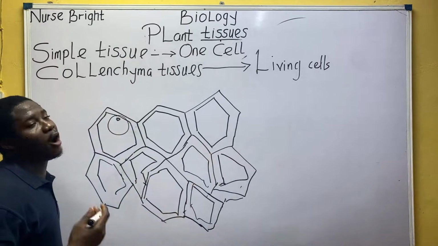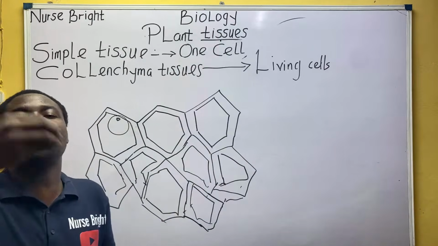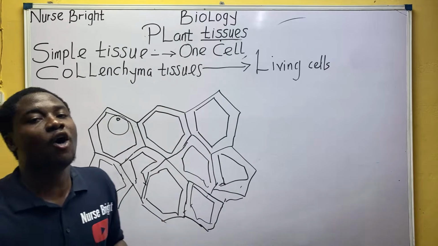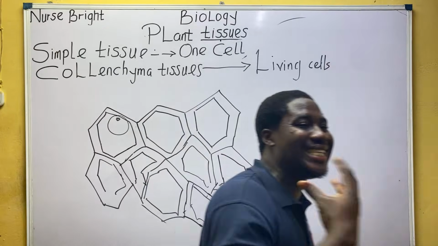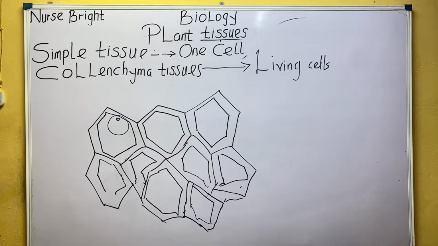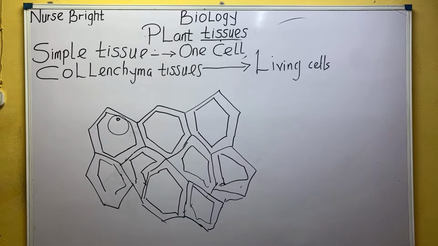All right. So if you observe what I said, one of the features of collenchyma is that they have unevenly thickened cell wall at the corners.